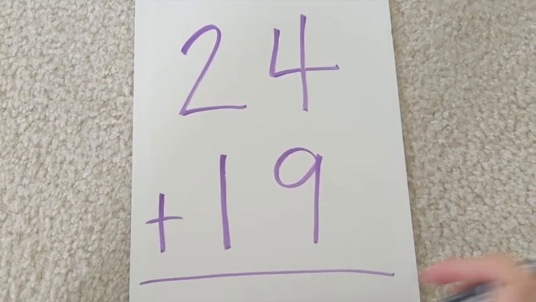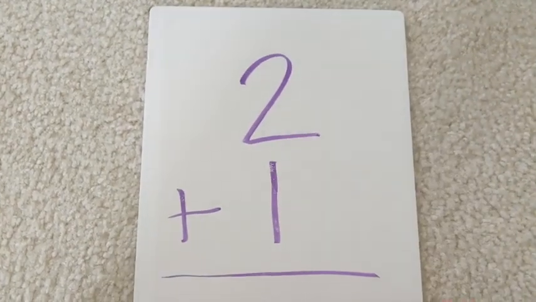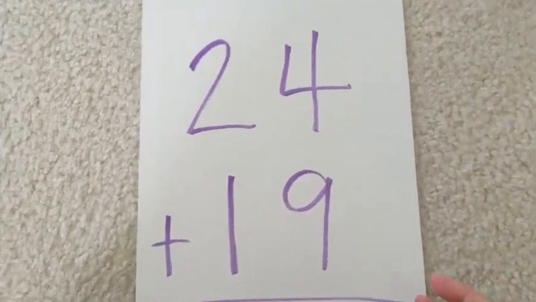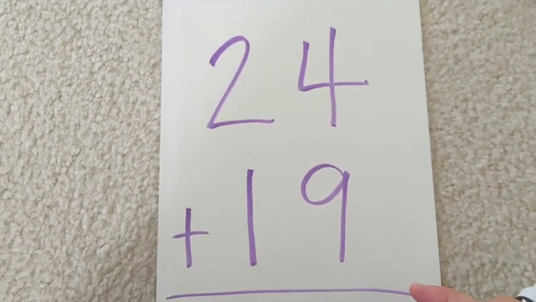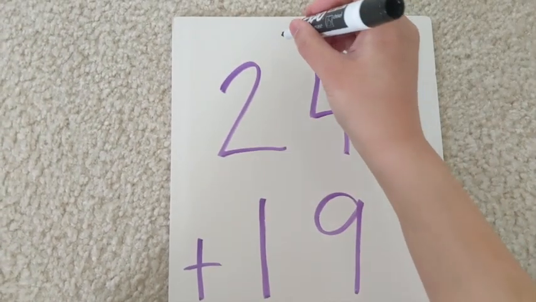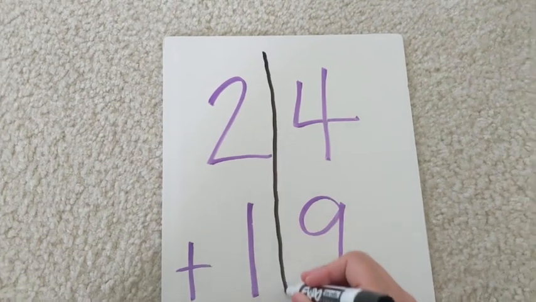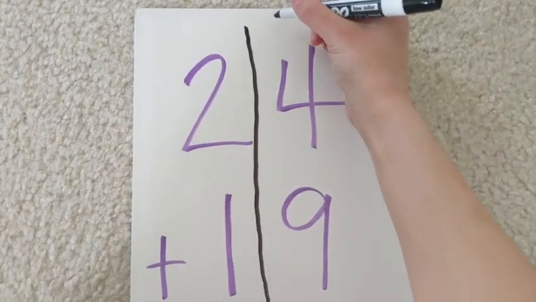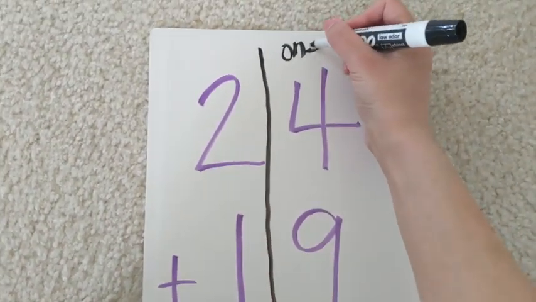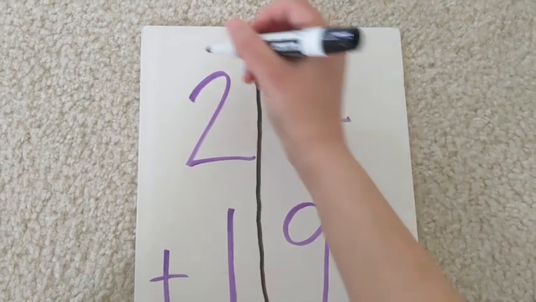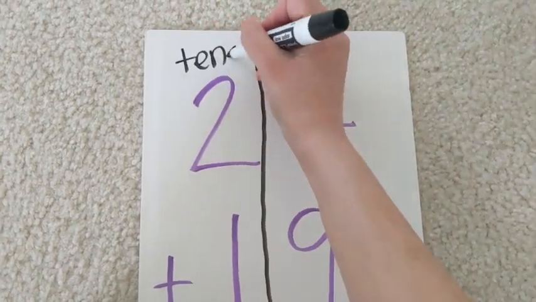These numbers are different from numbers like you've seen before, 2 and 1, because these numbers have two digits. We have the ones place, and we have the tens place.